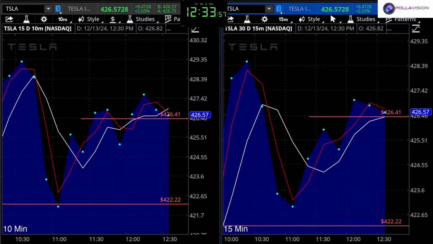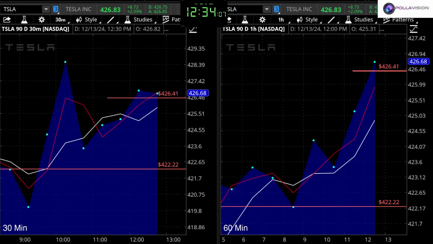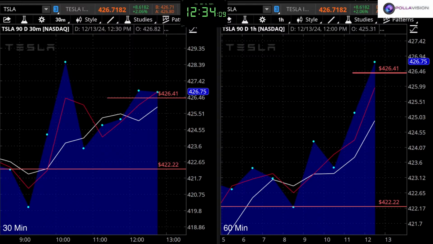Okay, so that is going to break the 4 simple moving average on the 15. For reference, just pretend we got into this down here at 422. We're now at 426.